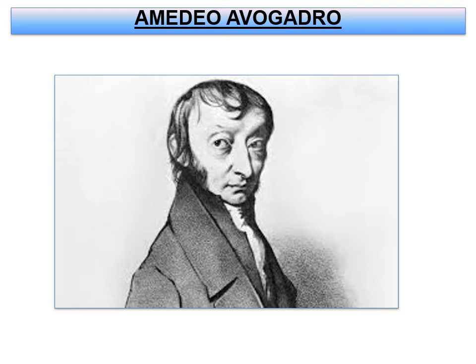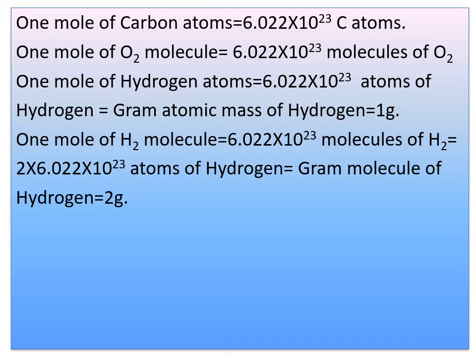Amedeo Avogadro is an Italian scientist. In his honor, Avogadro's constant was given, which is equivalent to 6.022 into 10 power 23. Children, carefully listen here. 1 mole of carbon atom consists of 6.022 into 10 power 23 carbon atoms. Similarly, 1 mole of oxygen atom consists of 6.022 into 10 power 23 oxygen atoms.